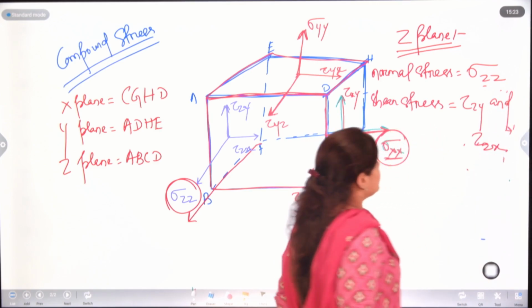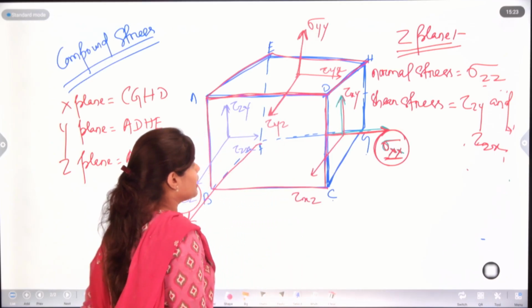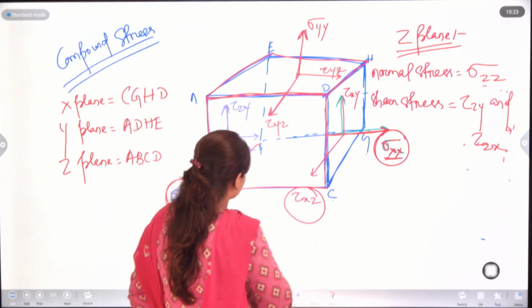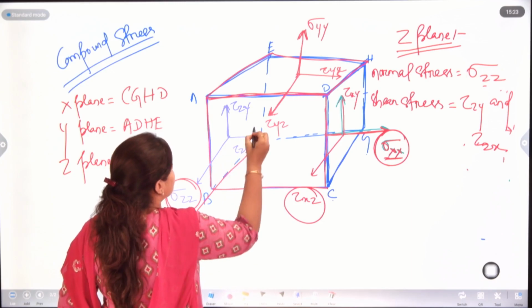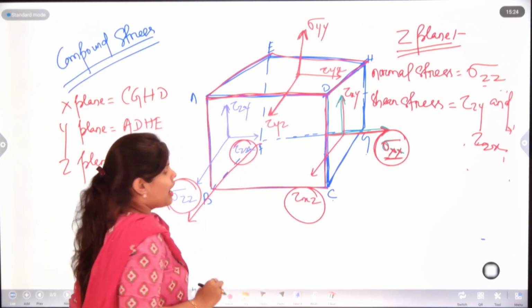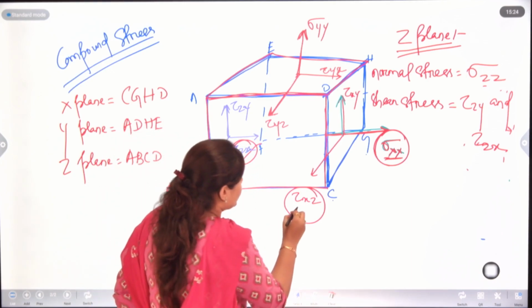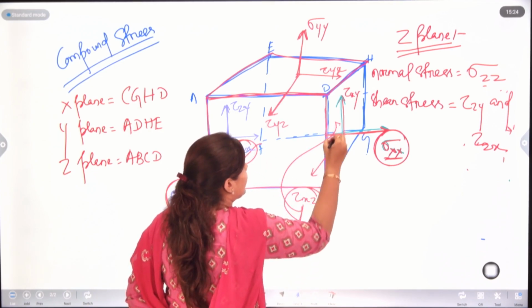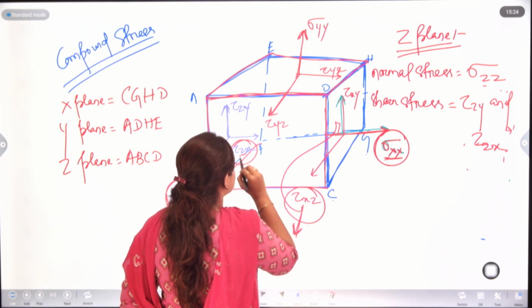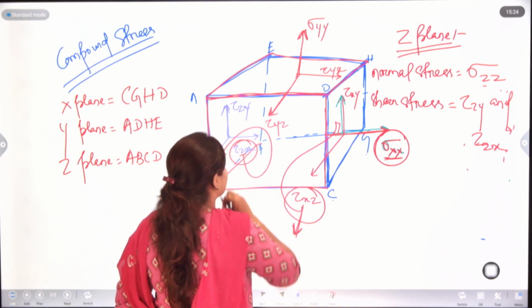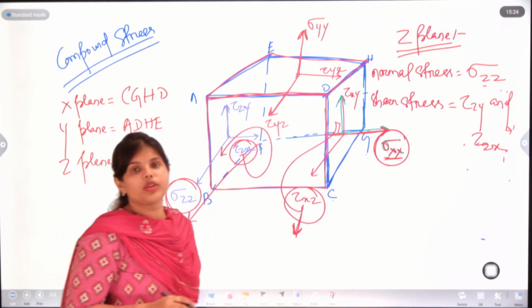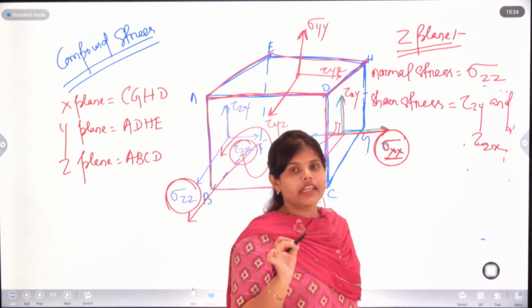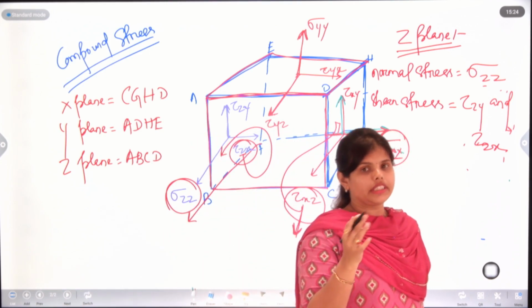You might say that tau zx and tau xz are the same, but no, tau xz and tau zx are not the same. Why? This xz we use as it is in the x plane, and here zx we use as it is in the z plane. There will be a similarity, but their sign will be changed.